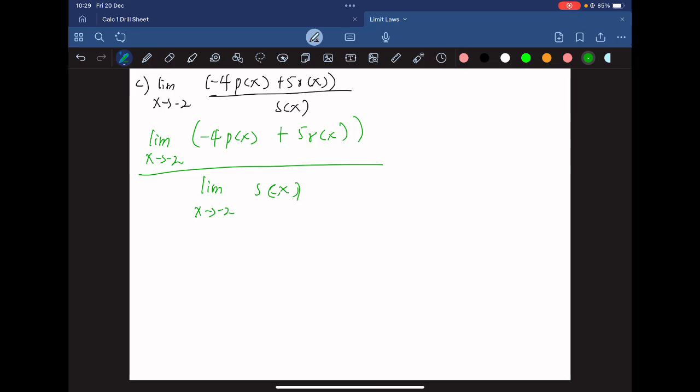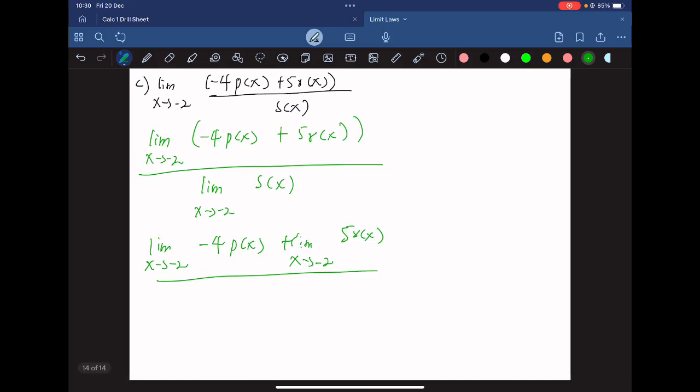So let me write this one well. For the numerator, remember, we can distribute the limit. So we have negative 4 p of x plus 5 r of x, then everything over s of x. For the first part, we can always write the constant outside using the property.